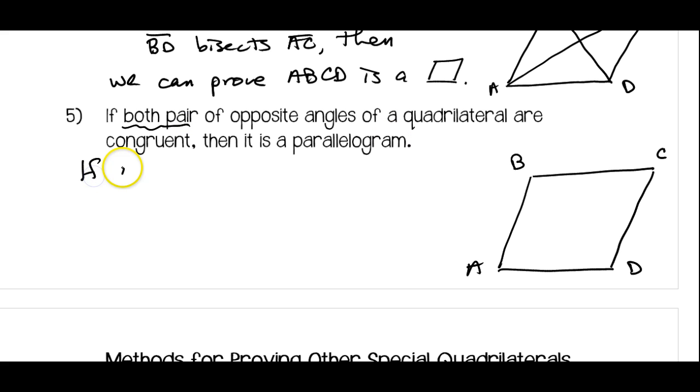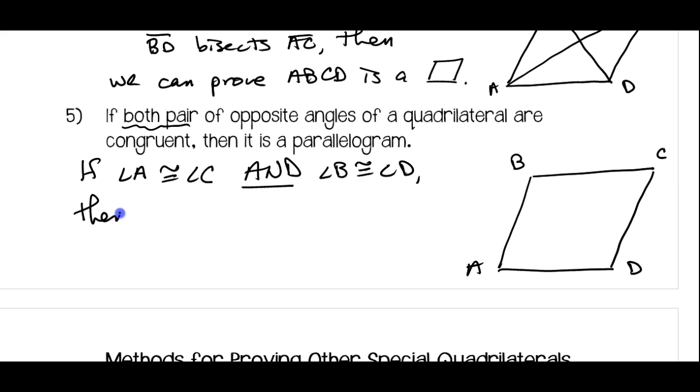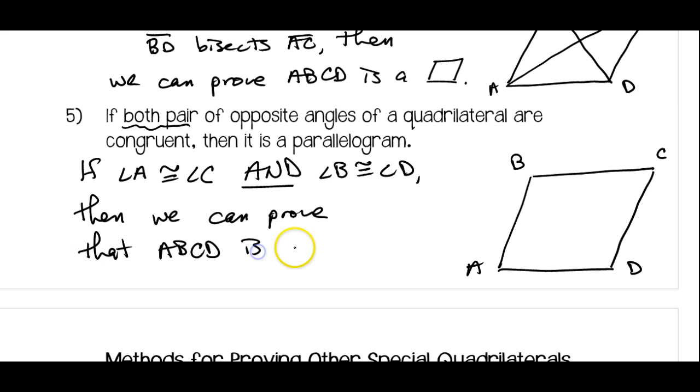So if angle A is congruent to angle C and angle B is congruent to angle D, then we can prove that ABCD is a parallelogram.